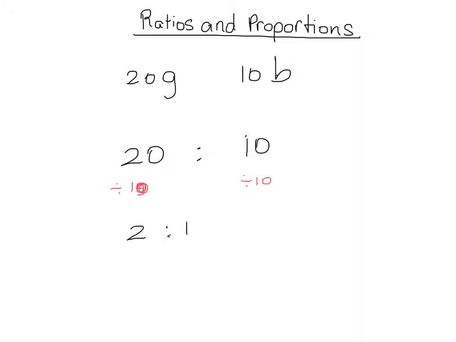So this gives us a picture of the room: for every one boy you see, there are 2 girls. That's the purpose of a ratio. It's really helpful to be able to reduce the numbers and see the comparison.